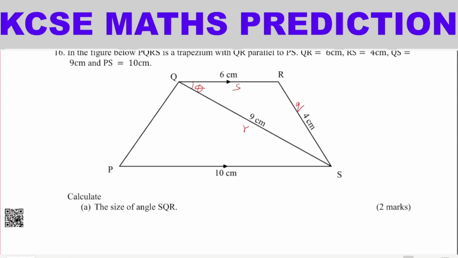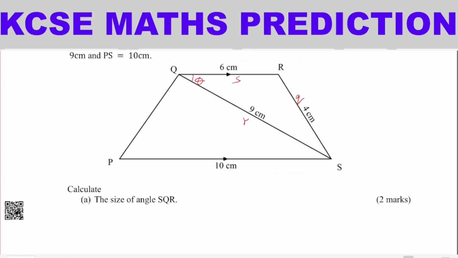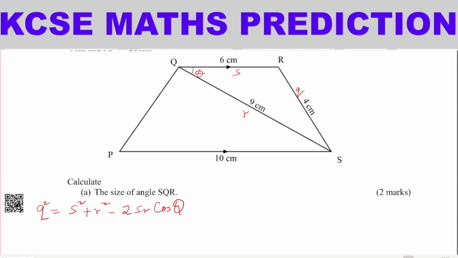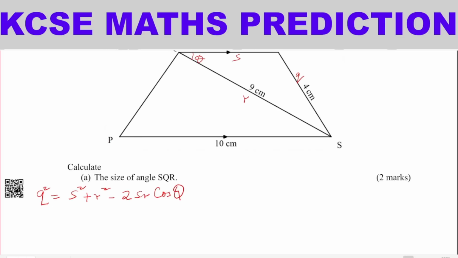So in order to get that angle Q, we are going to use the cosine rule, and this is how it states that Q squared is equivalent to S squared plus R squared minus 2SR cosine of Q. So what you need to do is just substitution.